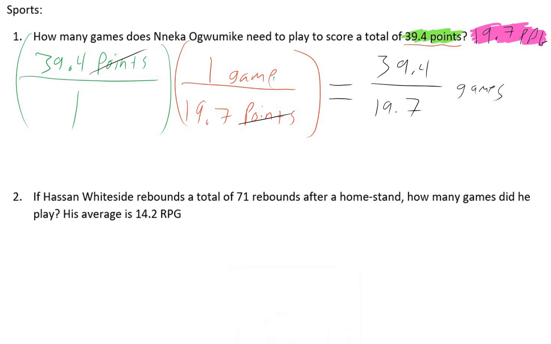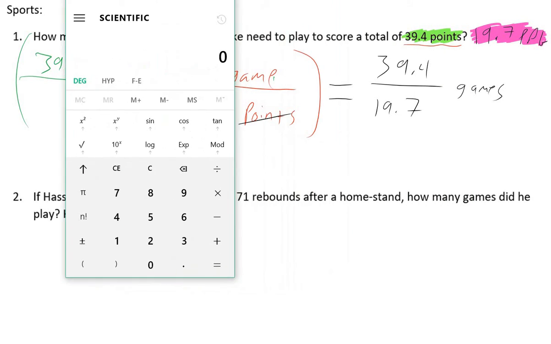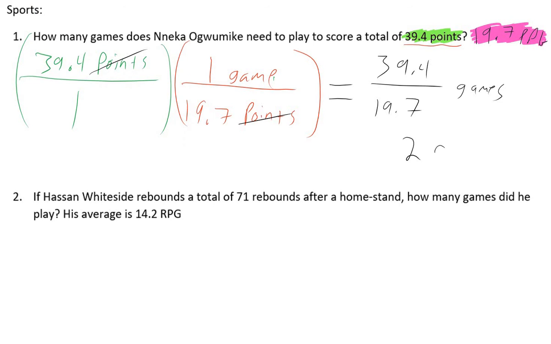Once we get our calculator, remember that whenever you see a fraction, technically you're dividing the top by the bottom. That's what a fraction is, essentially a hidden division problem. So 39.4 divided by 19.7 gives us 2. The answer to our problem is 2 games she needs to play for the LA Sparks to get herself that amount of points.